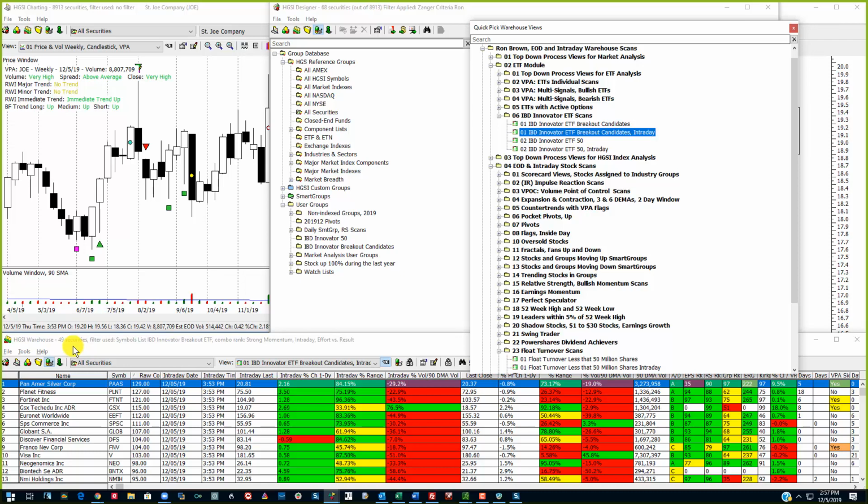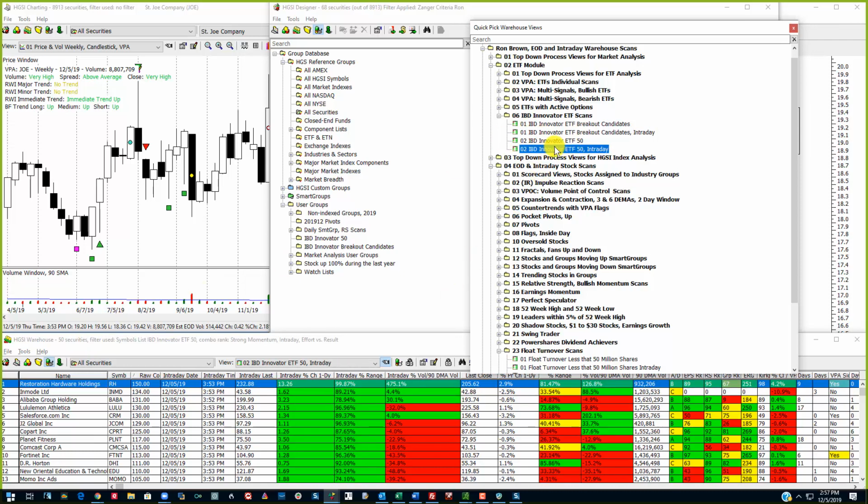There are 49 in the breakout candidates now, and there are 50 in the ETF. There are 50 stocks in here, and you can just go in here. I don't know if they take this information directly from what they get from IBD and MarketSmith or where they get it, but it is an ETF, and these are the individual stocks.